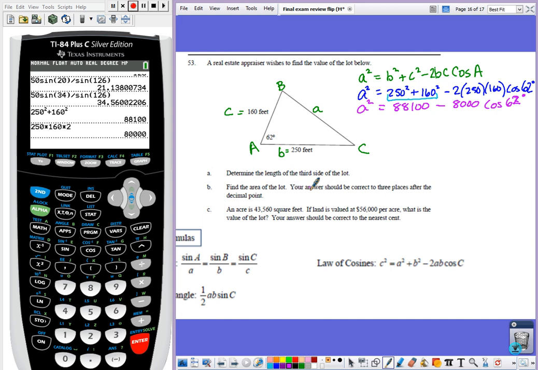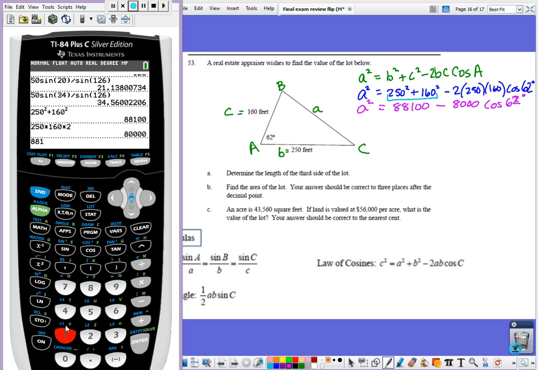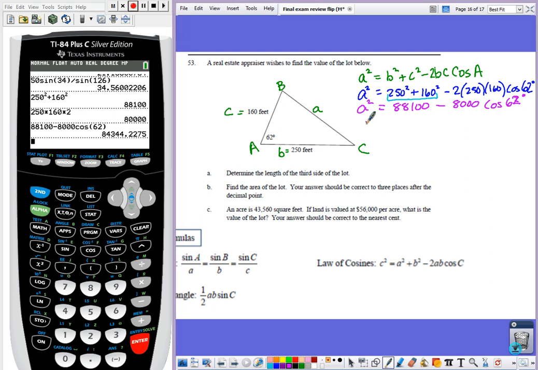Basically we can plug this in. 88,100 minus 80,000 cosine of 62 degrees. And I'm putting in a degree measure. Make sure you're in degree mode. Enter. And we get a very large number.